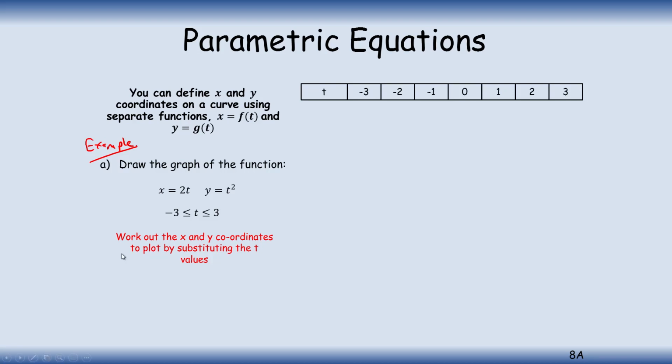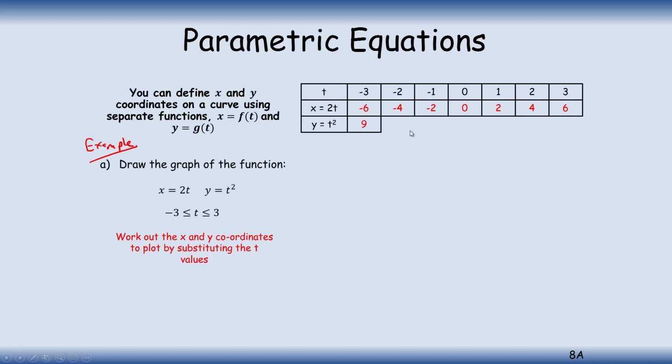We know that x is equal to twice t, so we just double each term. So x is equal to -6, -4, -2, and so on. And y is given by t squared, so we just multiply by itself.